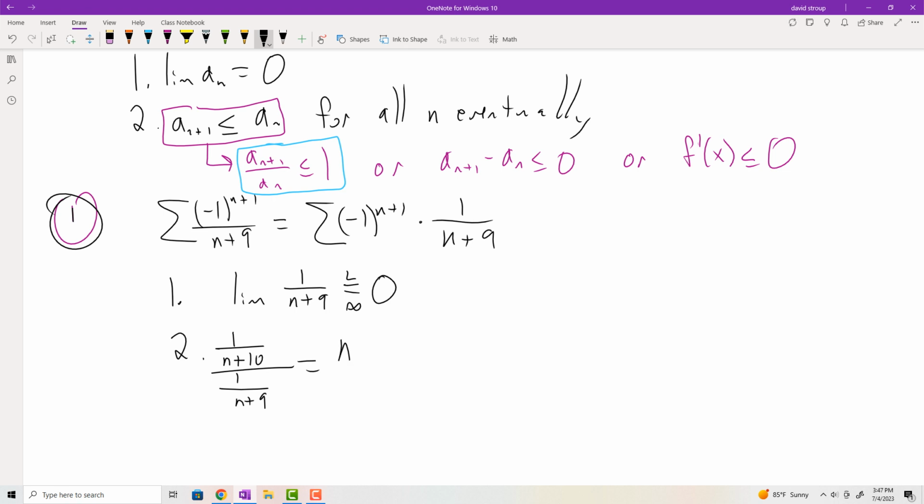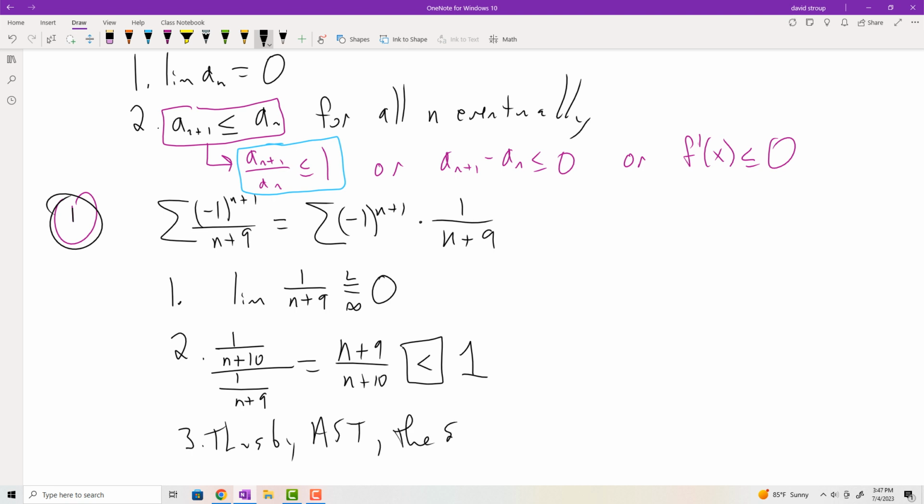Multiplying by reciprocals, I'll get n plus 9 all over n plus 10. And that will be definitely less than 1 for all n greater than or equal to 1, right? So we have these two holding, thus by the AST, alternating series test, the series converges.